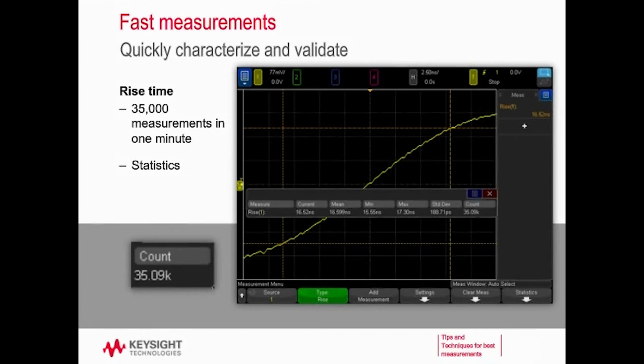So let's talk about that a little bit more. We have our 100 kilohertz clock chip again, and I've zoomed in pretty far horizontally just so I can look at the rise time of my chip. So you can see I've zoomed in, and I'm making a rise time measurement. I took this measurement in about the course of 1 minute, and you can see that in that minute, because of the ASIC-based infrastructure, I was able to make 35,000 measurements.